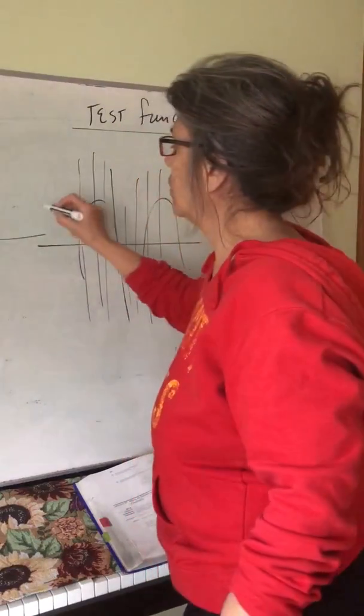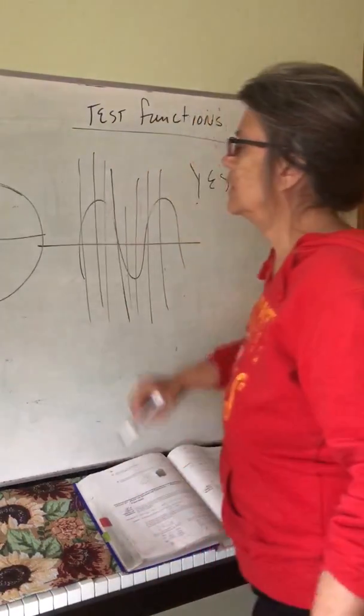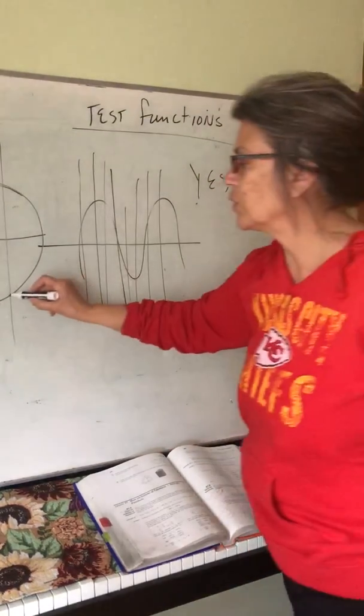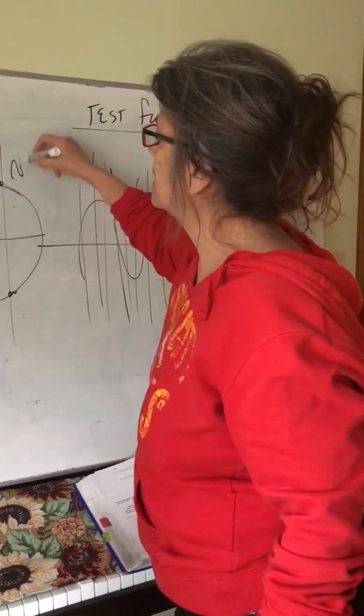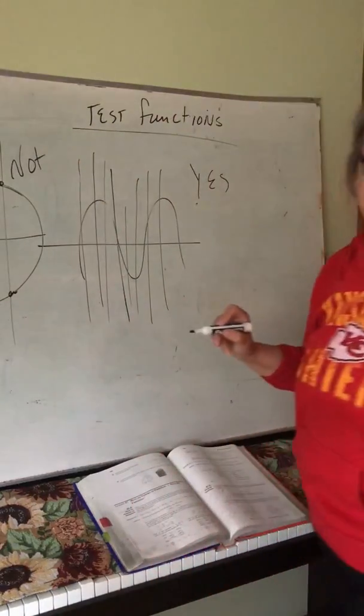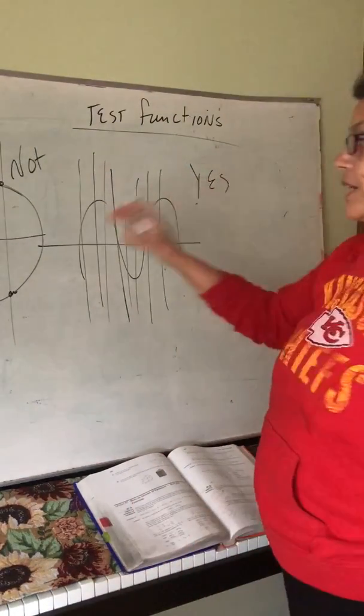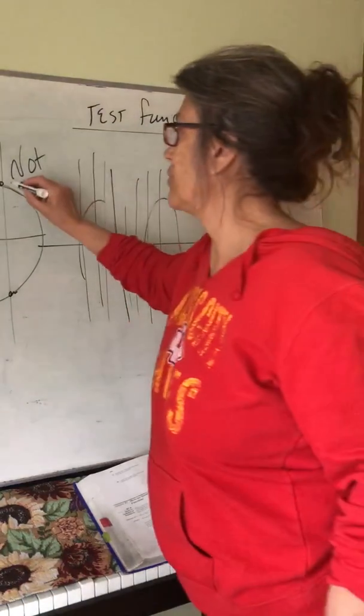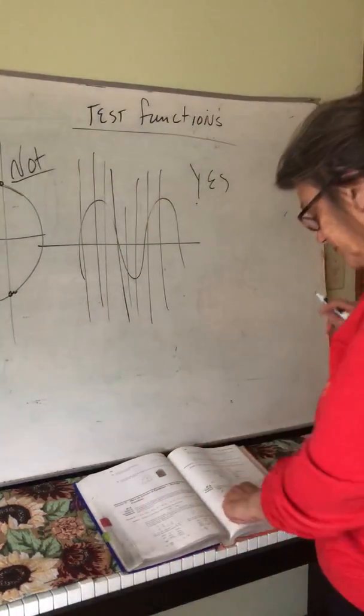Unlike a line, this vertical line test will hit a circle in 2 points. This is not a function. Okay, there is an equation to graph a circle, but it is considered not a function.